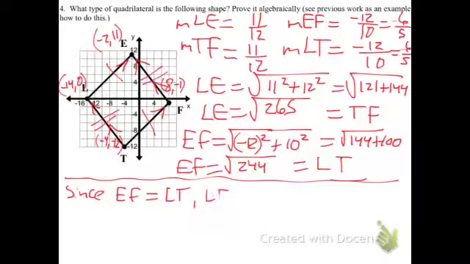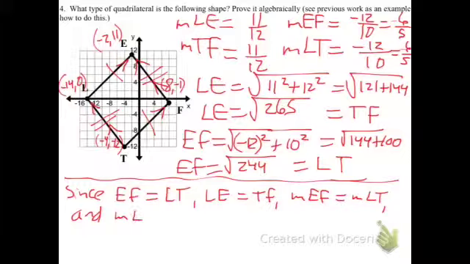LT. And LE is the same distance as TF, and the slope of EF is the same as the slope for LT, and the slope for LE is the same as the slope for TF.